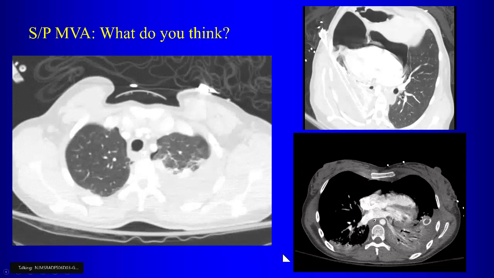So what should you think about here? Herniation of the heart through the pericardium. With trauma it's rare, but you can get tears of the pericardium. And when that happens, sometimes the heart can actually herniate through the tear.